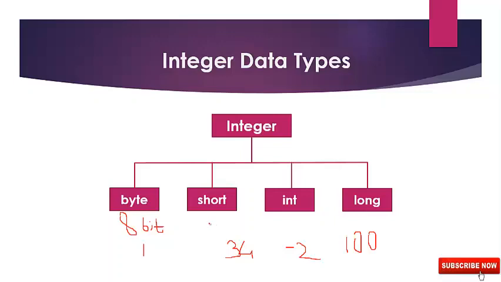The short data type has a size of 16 bits, which means 2 bytes, and the int has 32 bits, which means 4 bytes, and the long has 64 bits. 64 bits means 8 bytes. This is all about integer data types.